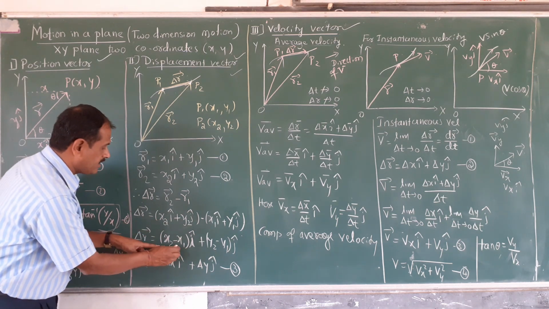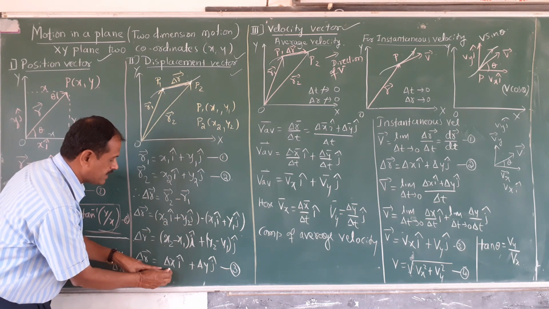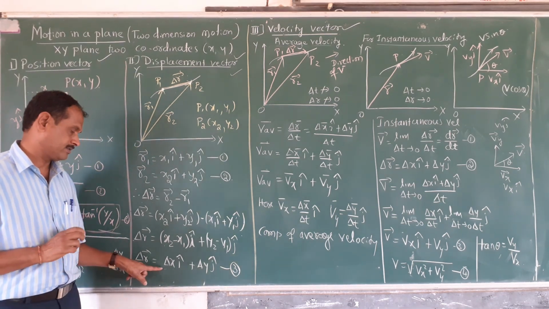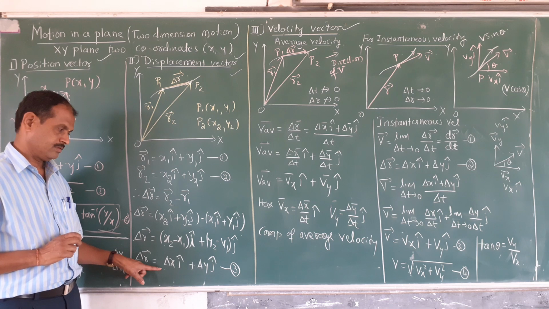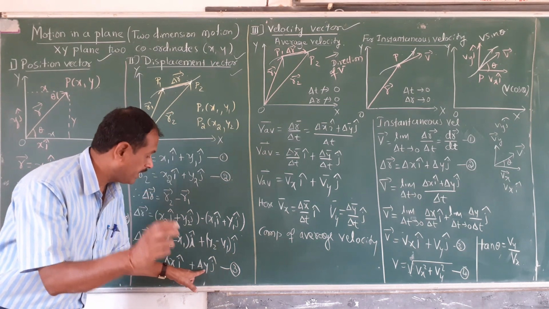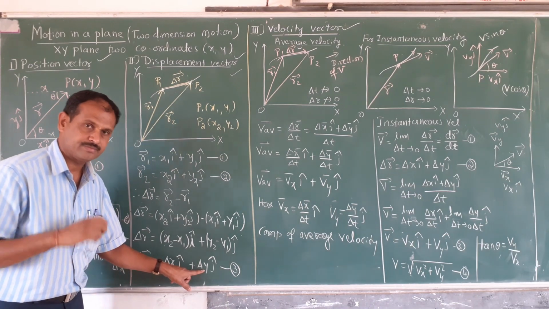Now x2 minus x1 is the displacement, the distance covered along the x-axis, delta x. y2 minus y1 is the distance covered along the y-axis. I have said displacement.